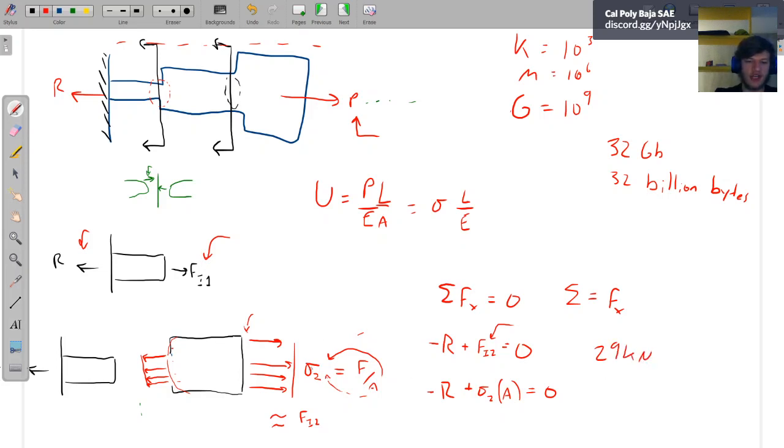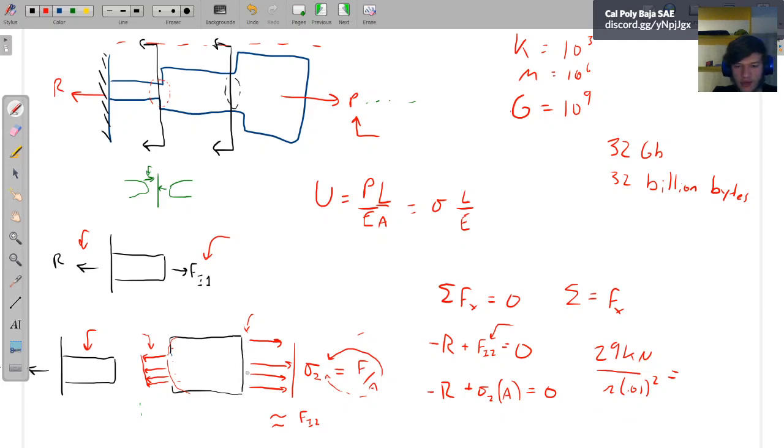But our areas are changing, so our internal stresses must be changing. For this section, the internal stress is 29 kilonewtons divided by pi times 0.01 squared, which is some number. You can do the math.